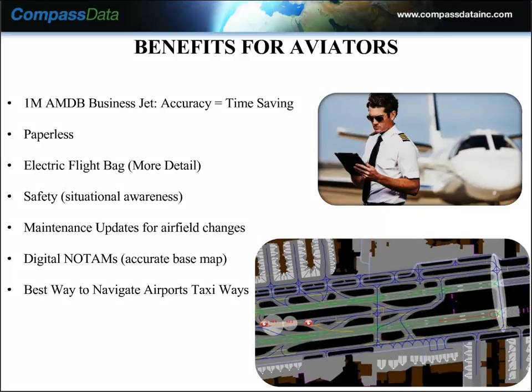So situational awareness, doing things like digital NOTAMs based on an accurate base map is very beneficial for the aviators. And then the maintenance updates, as things change at the airfield, getting a quick update based on satellite imagery and not doing a whole aerial acquisition and resurvey. That quick update with accurate information is definitely a benefit.